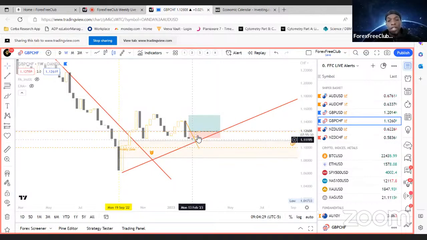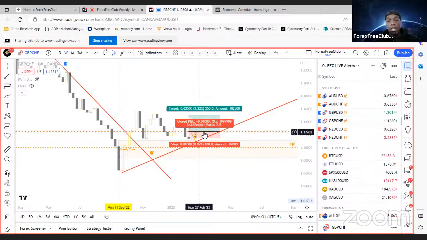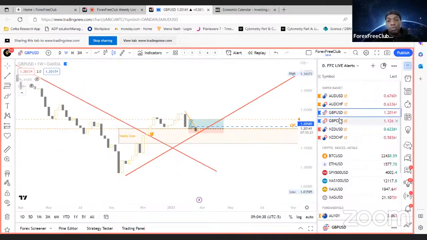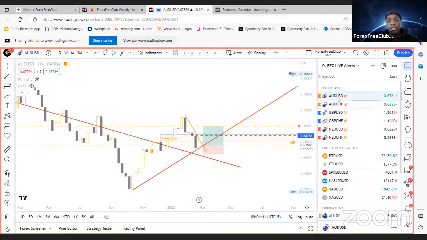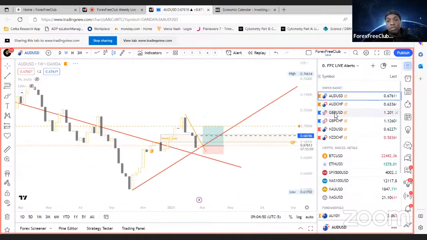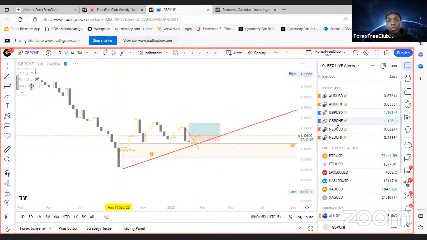So for now, just know that we're at our entry for GBP Swiss franc. So GU and G Swiss would be trades for next week. I believe AU wasn't ready, or AU is at entry right now as well. AU Swiss franc was not ready, but it looks like it could potentially turn around. So AU, GU, G Swiss, all at our entries right now.